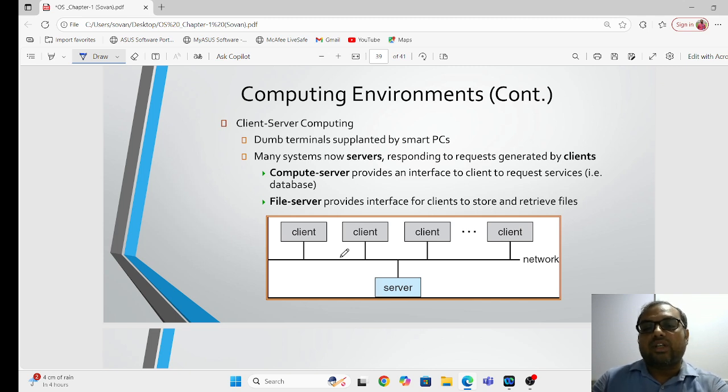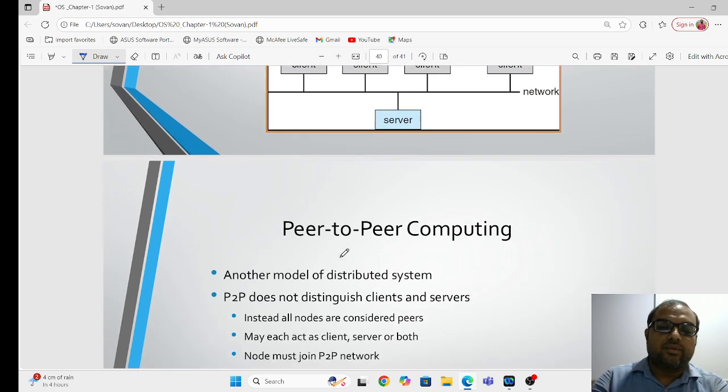First the connection will be established, then it sends the request, and after getting the proper results, the response will come. So this is our computational server. And then a file server is also there. Suppose inside there are files, in shared mode. They can access your files, or they can store values into the server as well. So you can store as well as retrieve the files from the server.